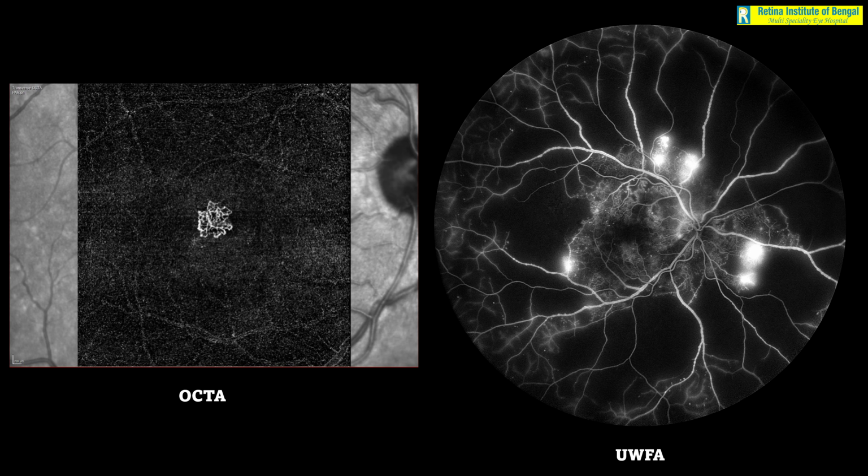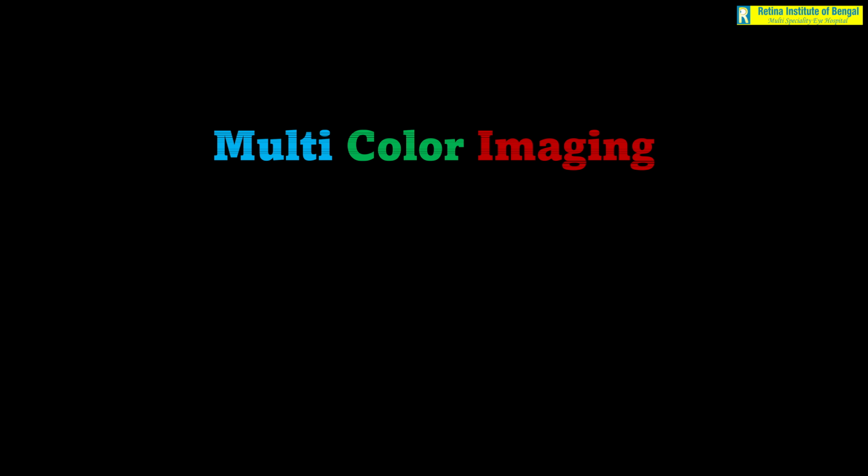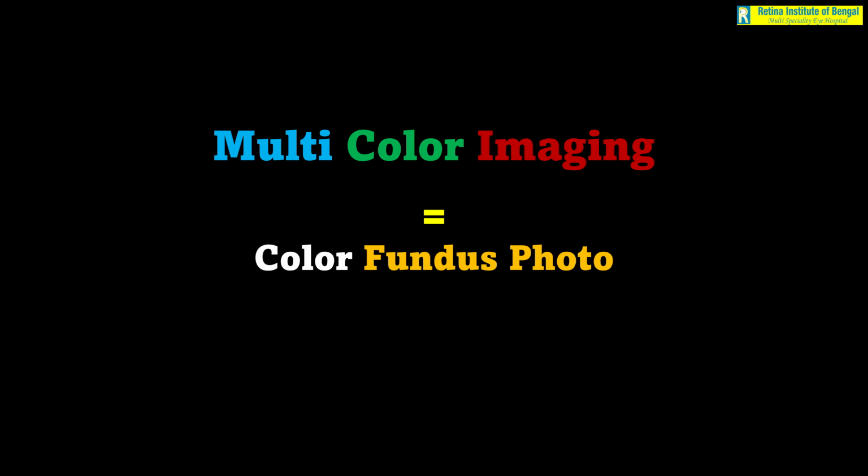However, we were informed that this machine also comes with a special diagnostic tool called multicolor imaging, which we thought was nothing but a fancy name for color fundus photo. Therefore, initially when we got the machine, we started using multicolor imaging like a color fundus photo.